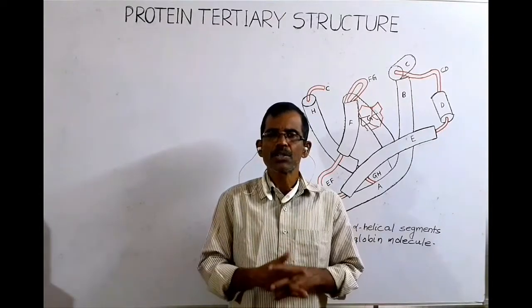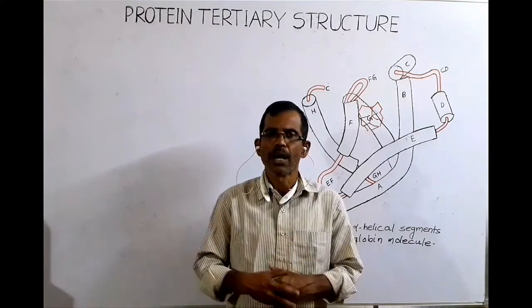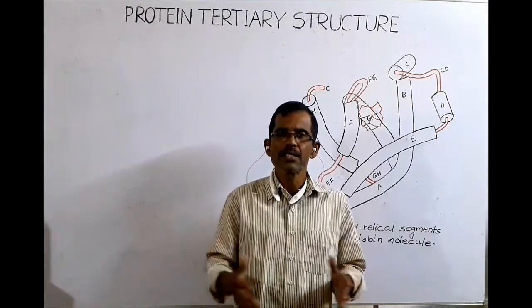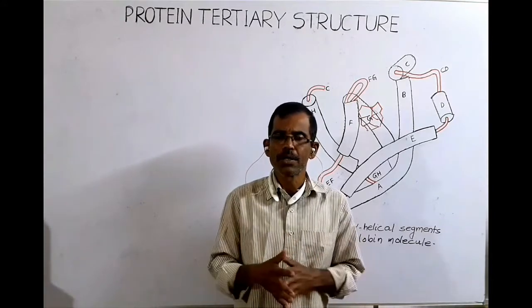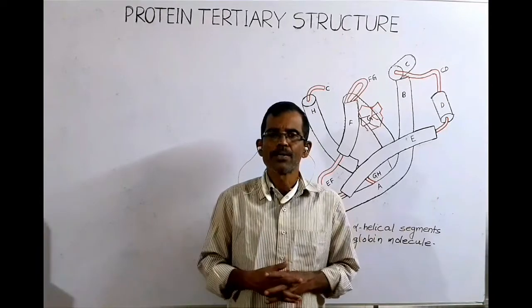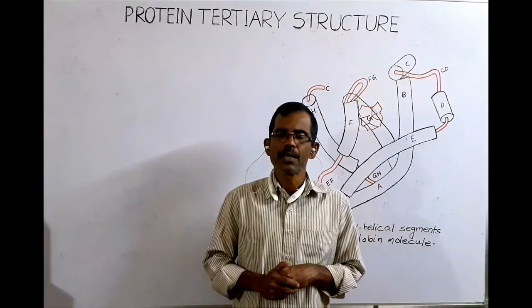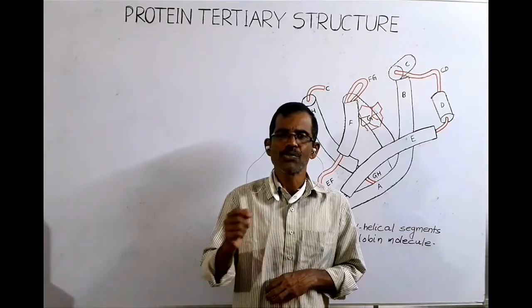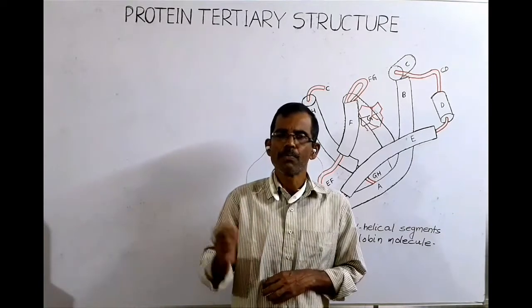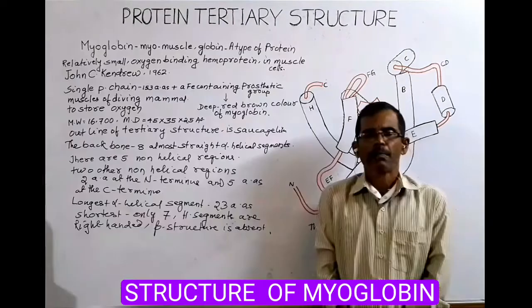The tertiary structure of protein also refers to the spatial arrangement of amino acids that are far apart in the polypeptide chain. As an example, today we shall discuss the tertiary structure of a hemoprotein known as myoglobin.